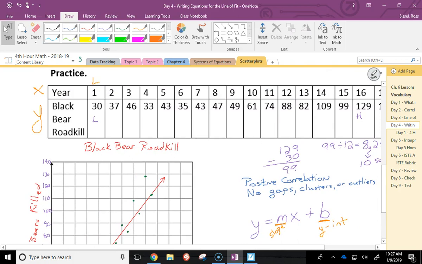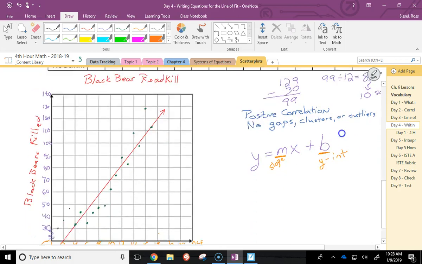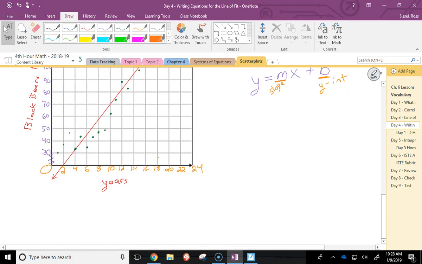We started with year 1 was 30. So when we started with year 0, what would that y-intercept have been? If we didn't have a year 0, it would have been, what did you say? That's 0. When we gave you this example, we didn't think of that part as well. But your y-intercept, and I'm telling you, is going to be 0 on today's for the example.